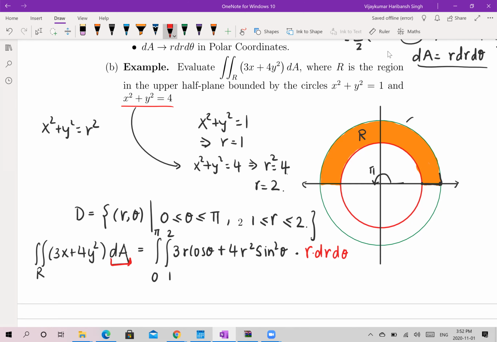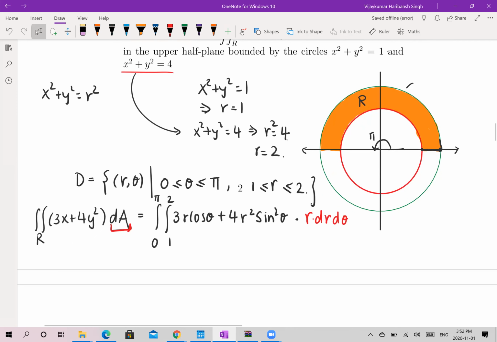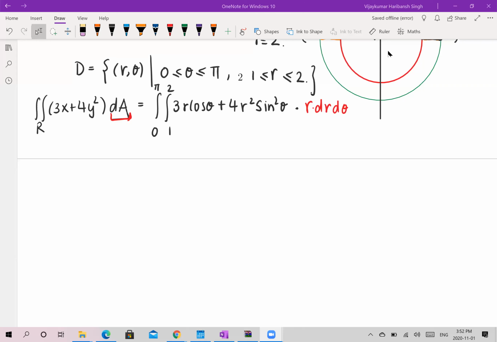All right. So now let's integrate this. So first I'll integrate with respect to r. So this integral is going to be 0 to pi. Now 3 r square, integration of 3r square is what?